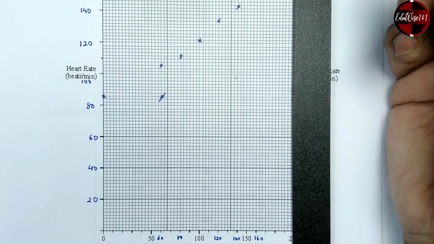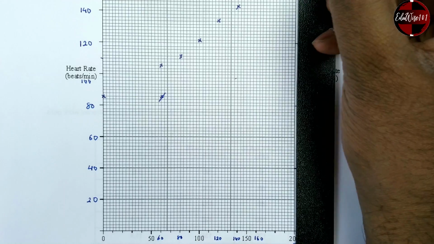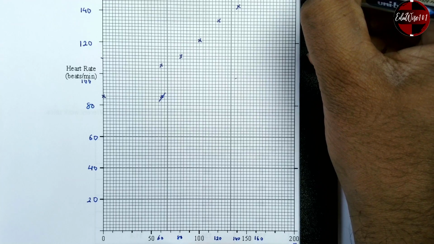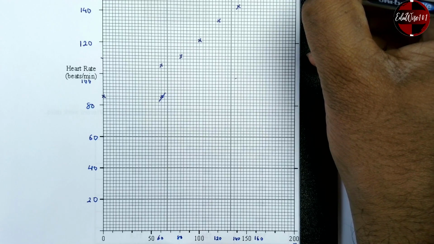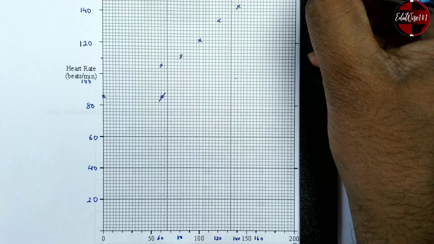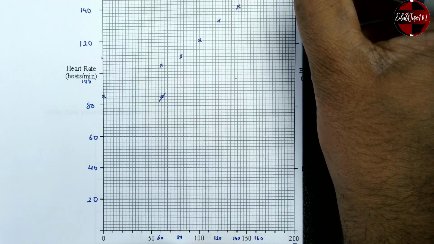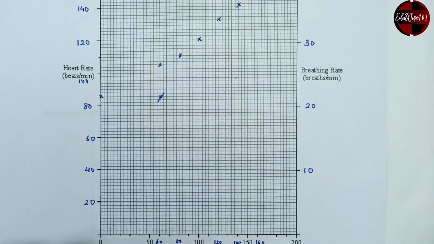And then at 200, it should be 174. So this is 160, 1, 2, 3, 4, 5, over there.